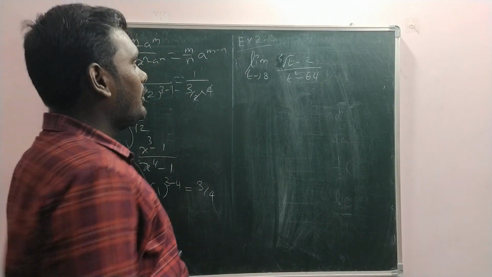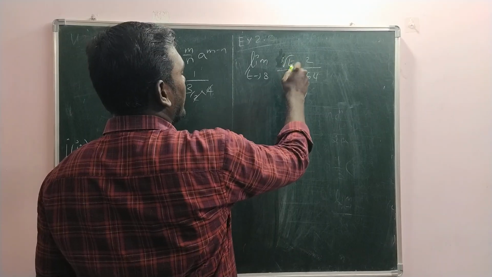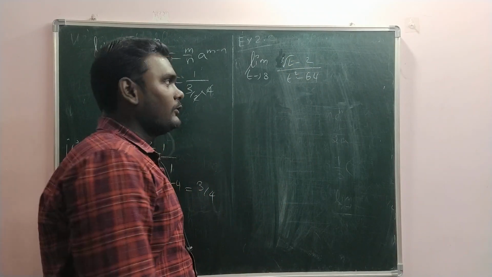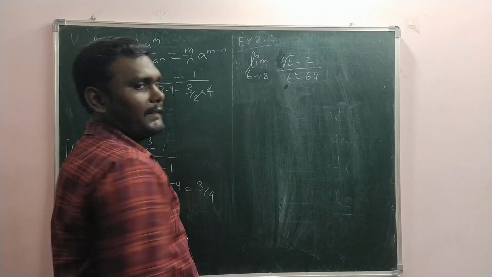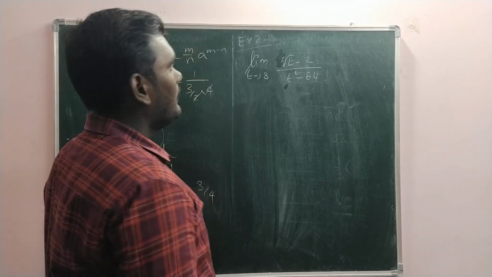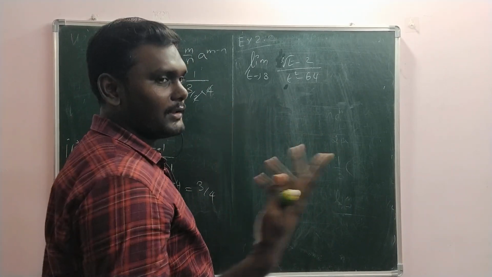Now if you apply directly, cube root of t means cube root of 8, which is 2, 2 minus 2 is 0. Here also 8 square, 64 minus 64 is 0. So rationalization is possible, we'll try to rationalize it.